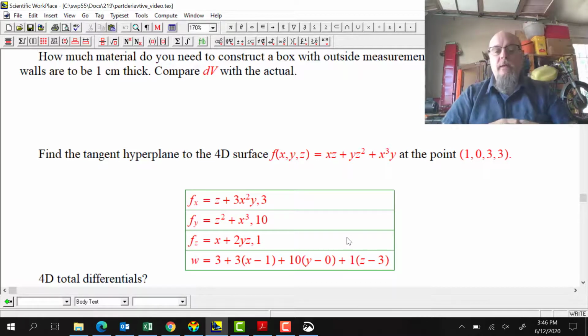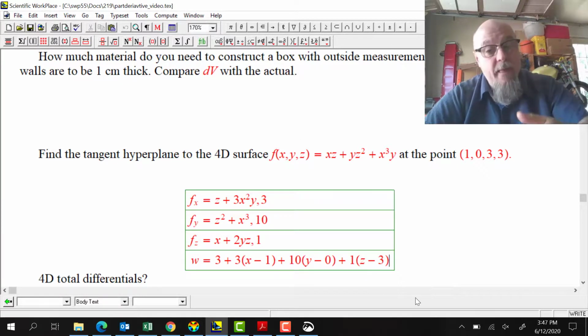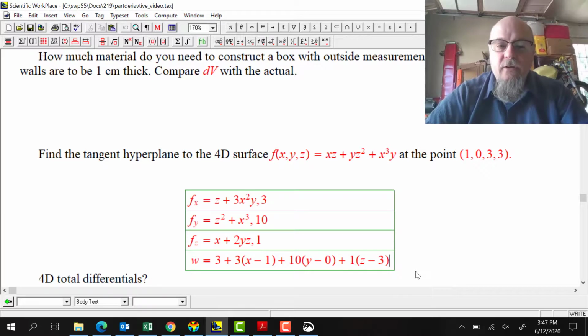There's the equation of my hyperplane. And you could expand this out and put it into a form where you would have a number times x, 3, plus a number times y, 10, plus a number times z, 1, plus a number times w, that's minus 1. And the normal vector to this 4-dimensional surface, we could read that off. It's 3, 10, 1, minus 1. That's the normal vector, 4-dimensional vector, to that 4-dimensional surface. Tangent planes.